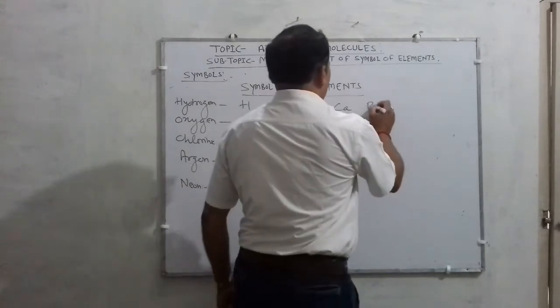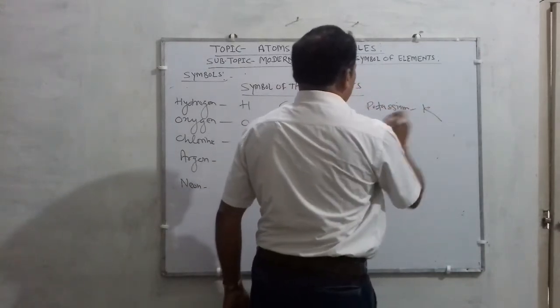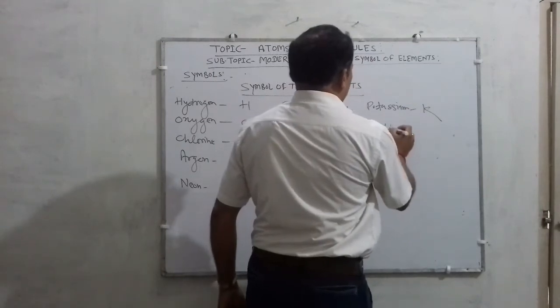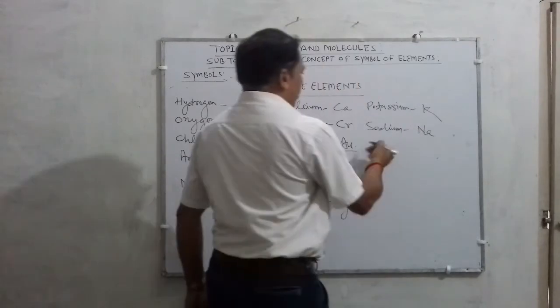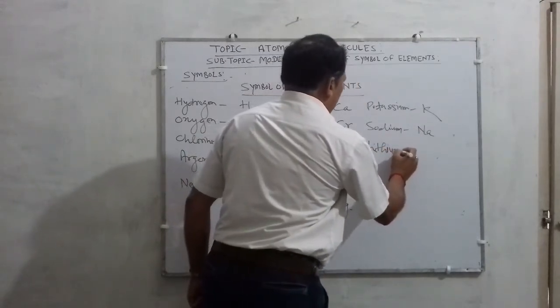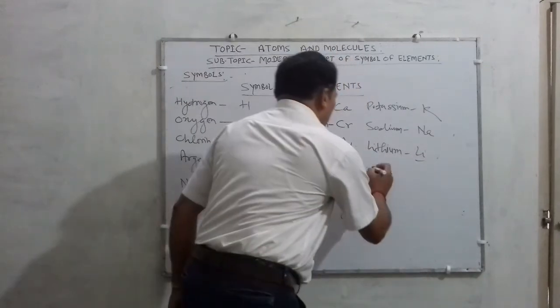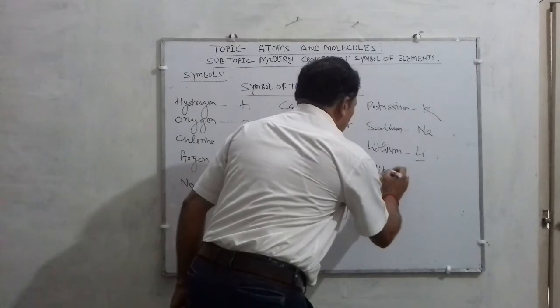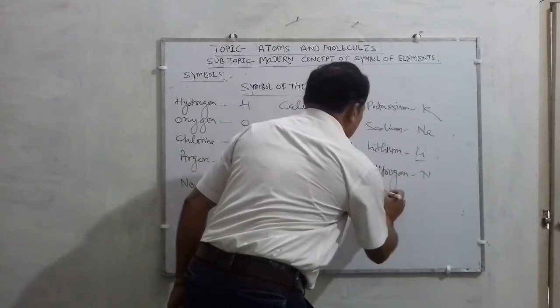Similarly, potassium. The symbol of potassium is K. Sodium symbol Na. Okay. Similarly, lithium. Lithium symbol Li, and some more, that is nitrogen, N, oxygen, O.